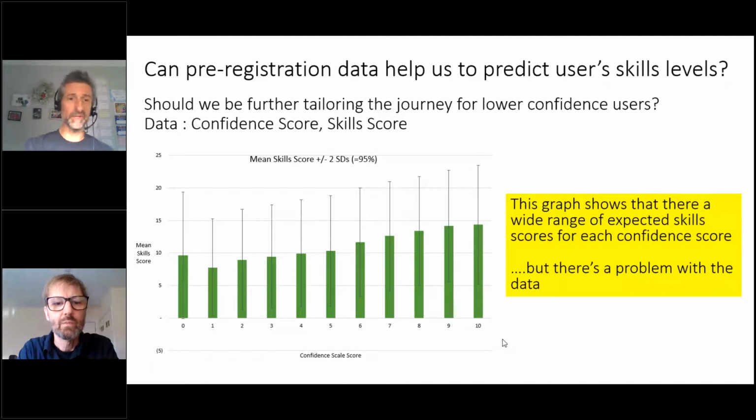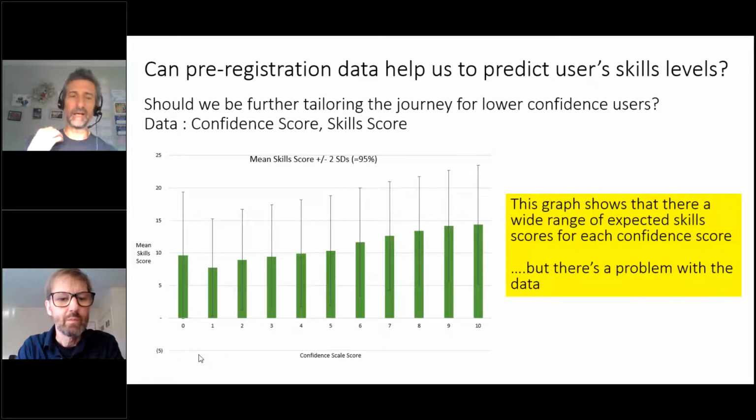But first of all, what we noticed, and perhaps you've noticed it as well, is there was a problem with the data. We did have this lovely linear progression upwards, but down here at confidence scale 0, it seemed different. So our initial reaction is, well, that's interesting. Is it true? And then we looked into it, we found there was a problem with the system.